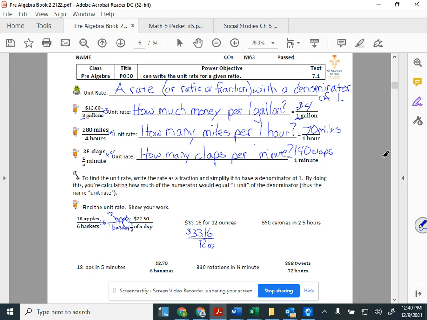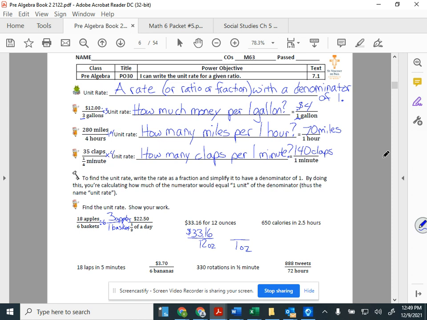Now we want to make it be over 1 ounce. So what do we have to do? Paisley? Divide by 12.